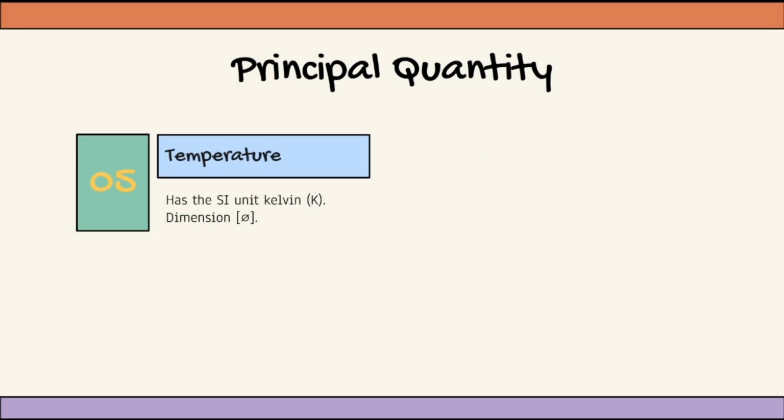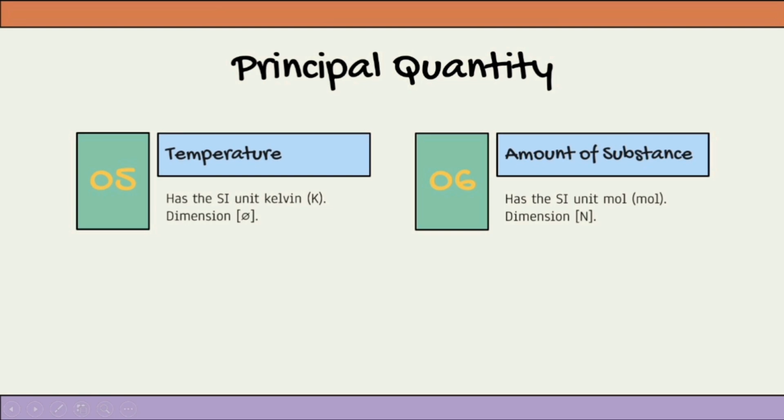The fifth is temperature. Temperature has the SI unit Kelvin, and the dimension of temperature is theta. And the sixth is amount of substance. Amount of substance has the SI unit mole.